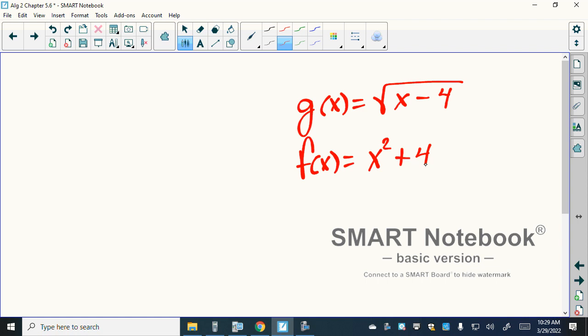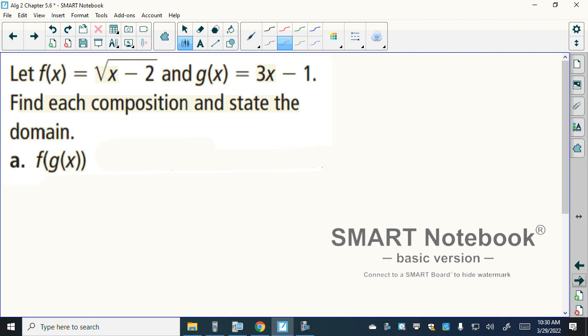Plus 4 minus 4, gone. Square root and x squared give us just x. But the restrictions on g of x are still there. The restrictions are there, and we still have to take them into account. So there's some of these that when we look at the restrictions, domain and range still come into play. But I don't put a big emphasis on domain and range. It's mainly just finding the composites.